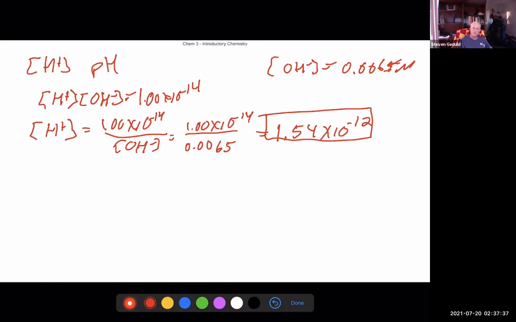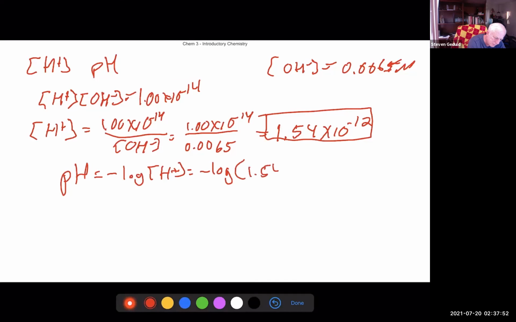Once you have the H plus concentration, now we can get the pH. pH equals minus the log of the H plus concentration, so minus the log of 1.54 times 10 to the minus 12. There's only one little trick when you're dealing with logs like this.